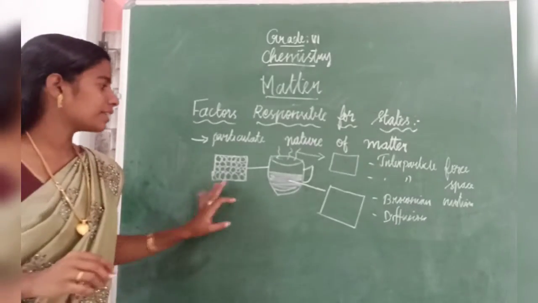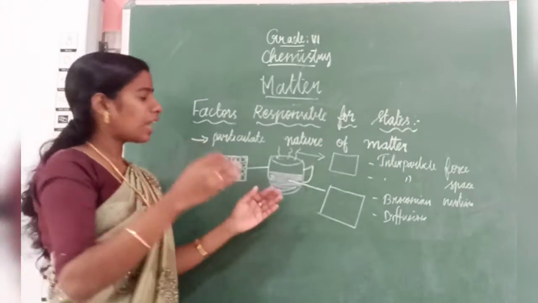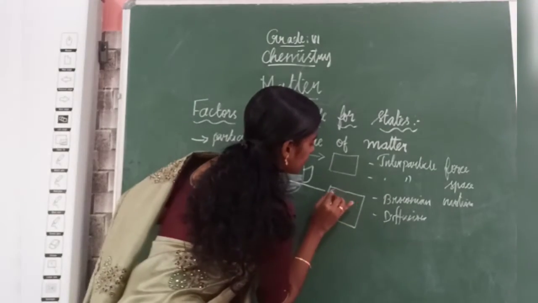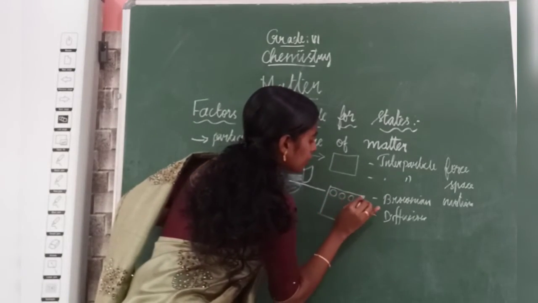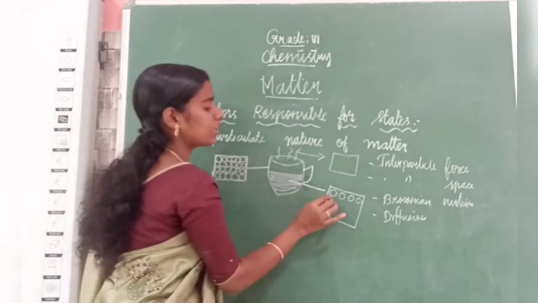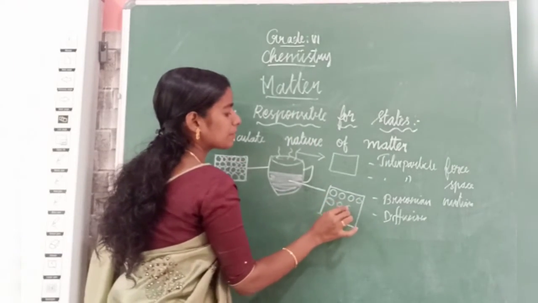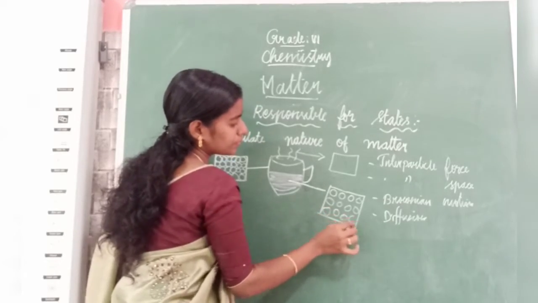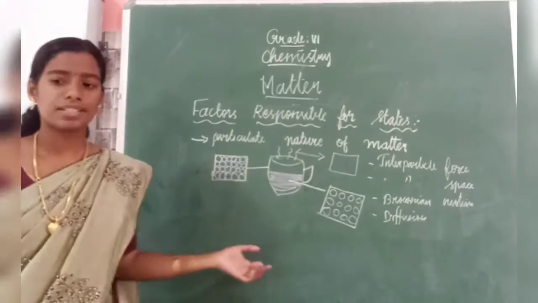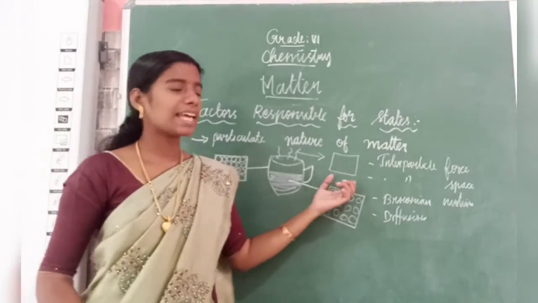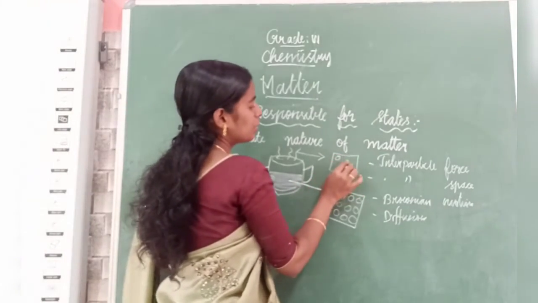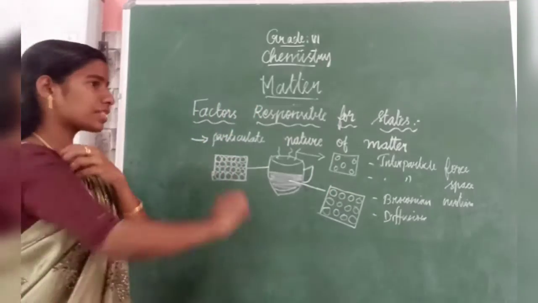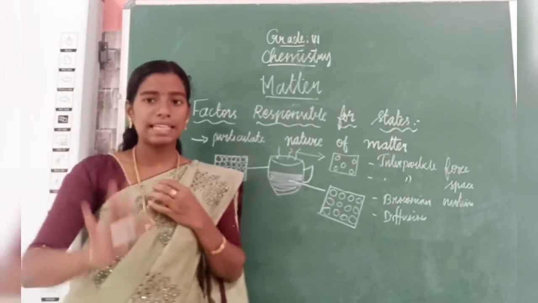This cup indicates solid. Now come to liquid. In this the atoms are arranged not as tightly as in solids, somewhat loosely, like this. But when you consider gases, they are very loosely packed. This is about the three states.